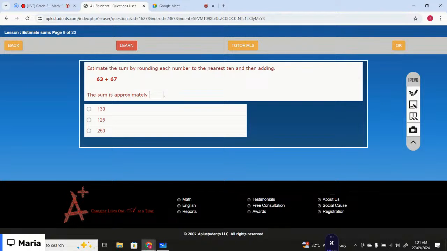Estimate the sum by rounding each number to the nearest 10 and then adding. 63 plus 67, which is the correct option?